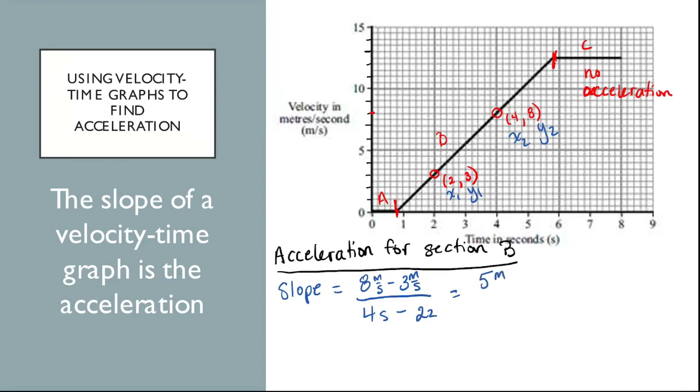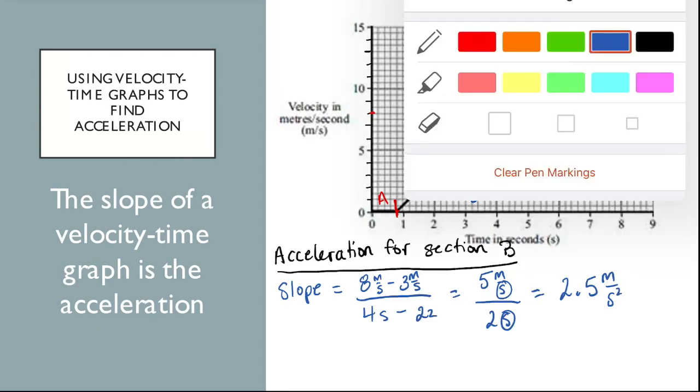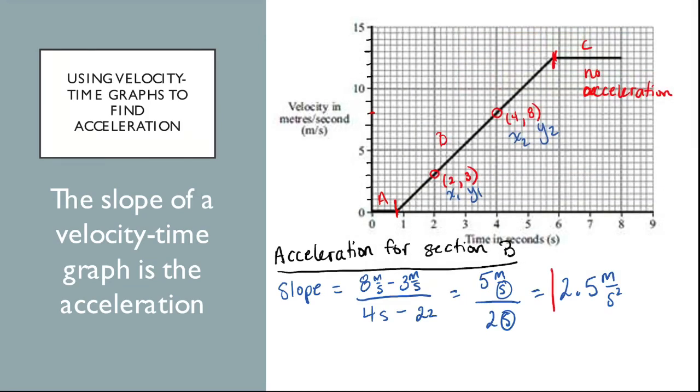We got 5 meters per second divided by 2 seconds. What's 5 divided by 2? It is 2.5. And then, of course, that is acceleration. You see how you have 2 seconds on the bottom of the fraction? That's where the seconds squared comes from. And there we go. There's our acceleration of that graph.